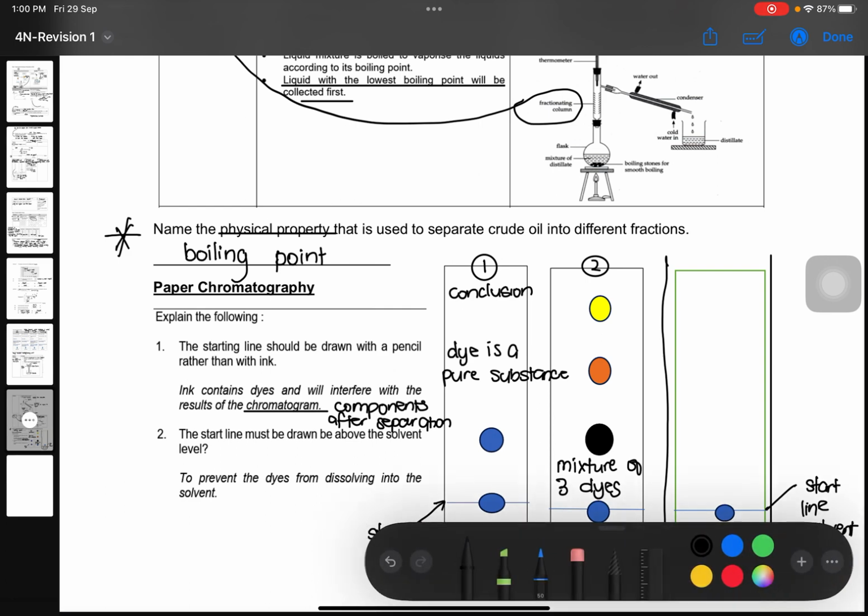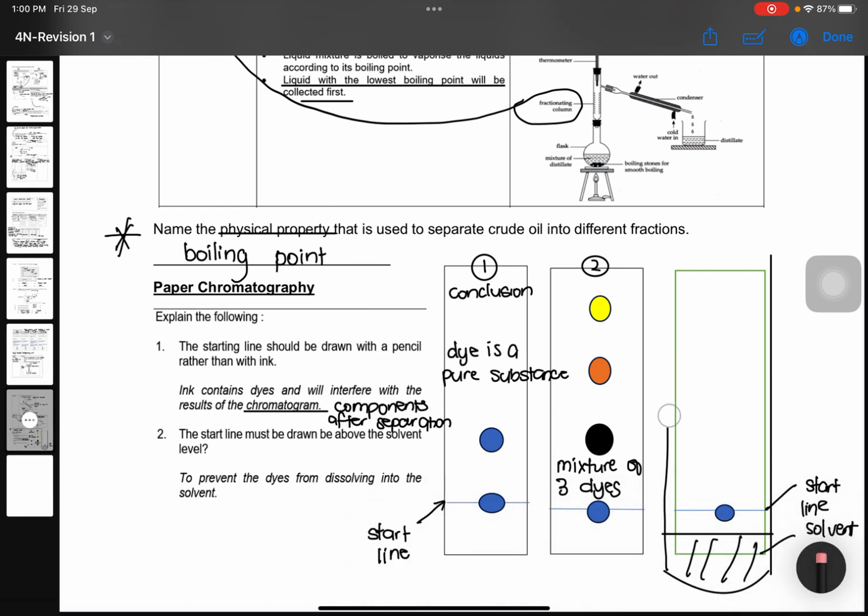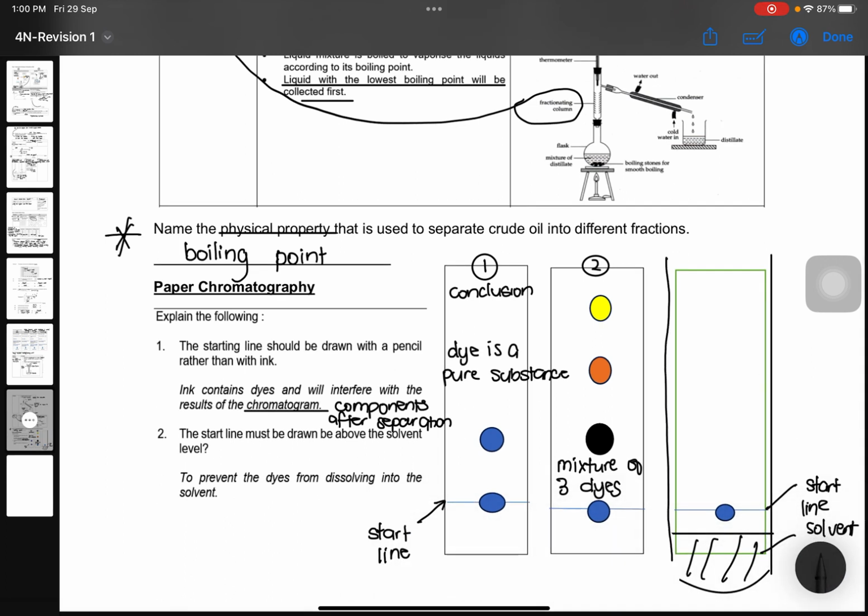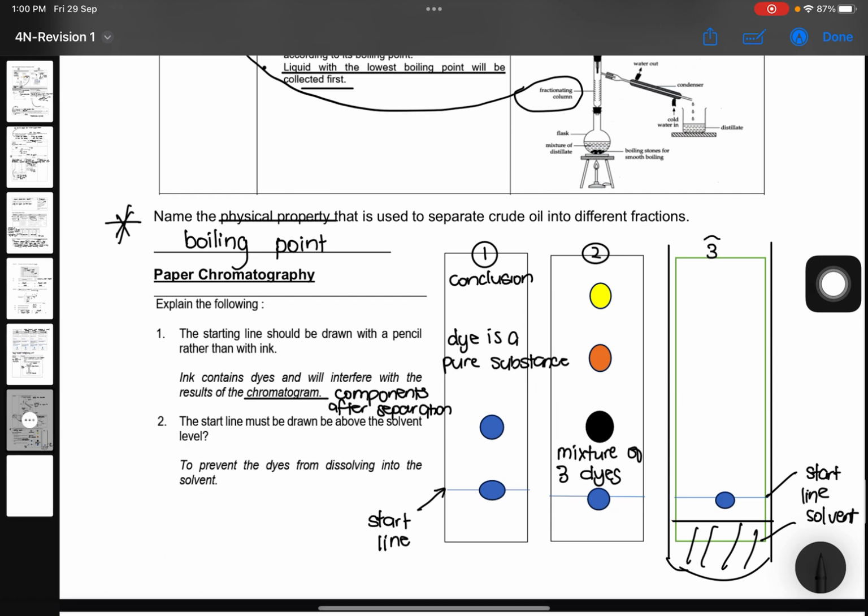If you get this and the color does not separate, as for number 3, you don't have any separation, you do not see the components. Why is that so?